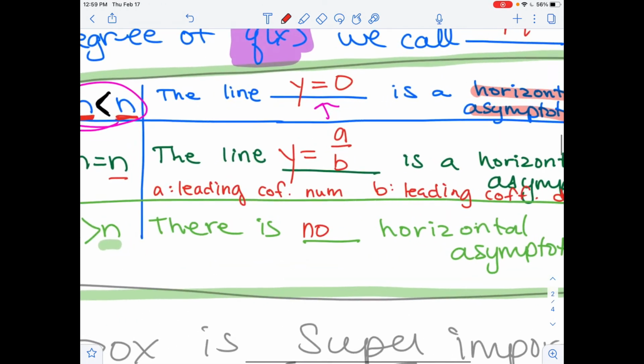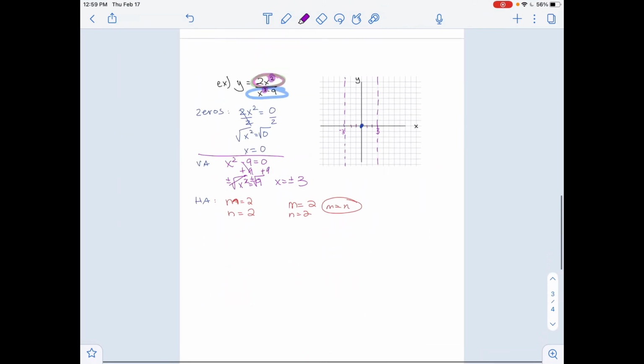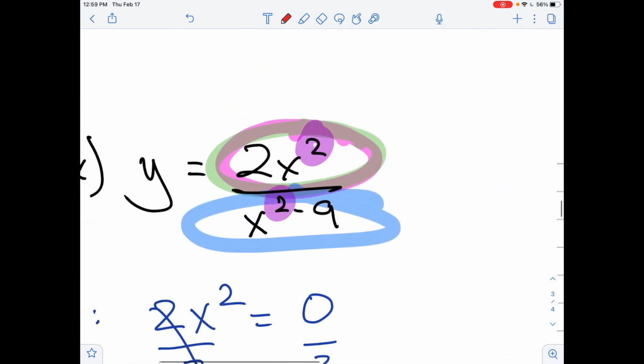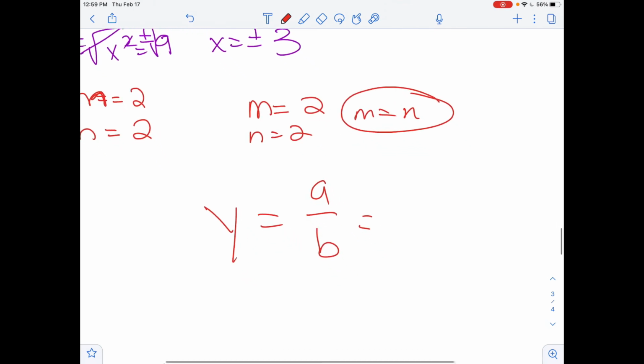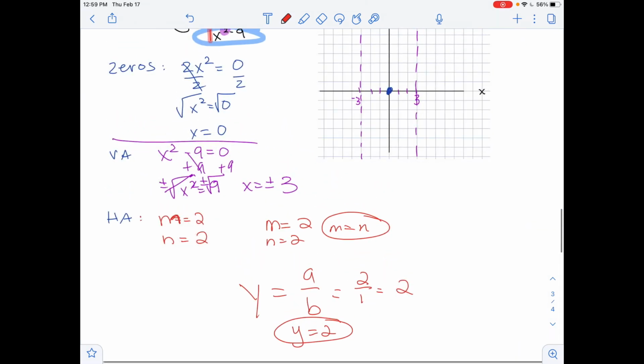On our chart, that's this situation right here, where we know the horizontal asymptote will be y equals a over b. So where do we find a over b? We look at it right here. This is going to be our leading coefficient for x squared and our leading coefficient for x squared, which is technically 1. So our a over b is going to be 2 over 1. So our horizontal asymptote is 2. So we're going to go up to y equals 2 right here.